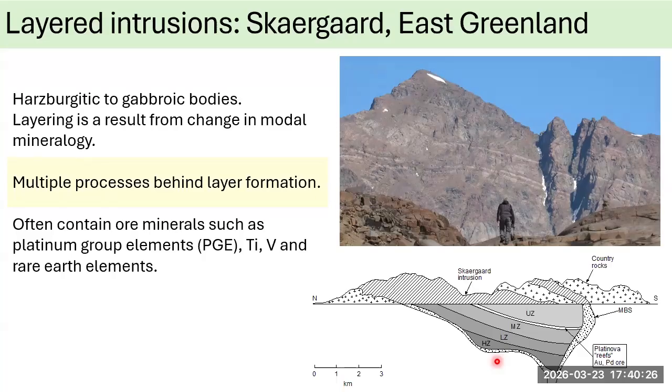And one of the undying questions in our discipline is how these layers form. I'm not going to go into details at all how they form. There are at least 4 or 5 different processes that they can form by, and we all agree in our discipline that there are different processes behind their formation.